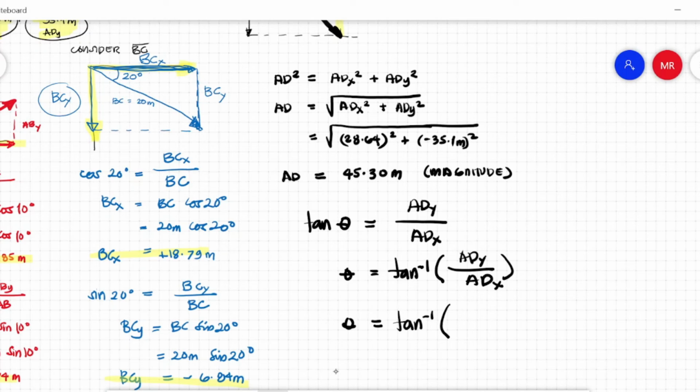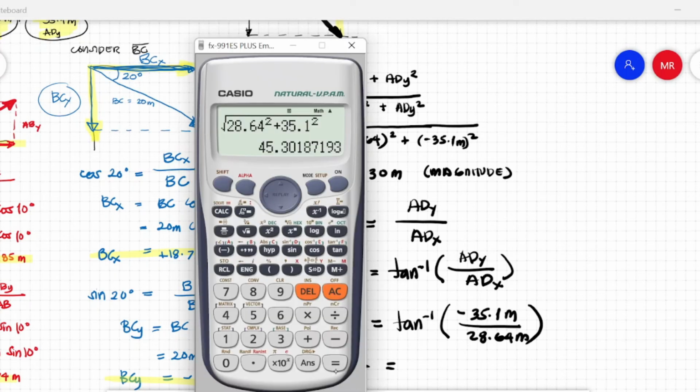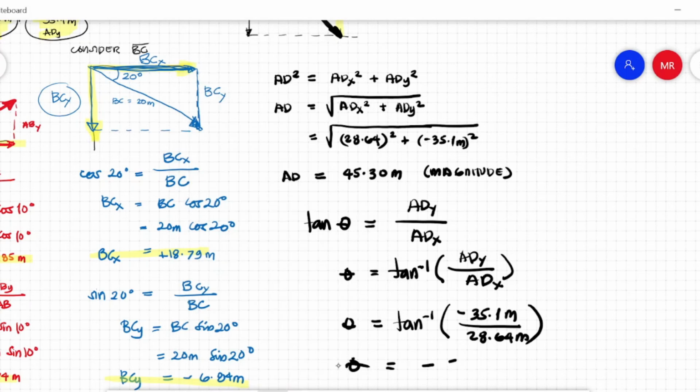Solving for the direction, theta is equal to arctangent of ADY, negative 35.1 meters, all over 28.64 meters. So let's see what is the value of angle theta. Arctan of negative 35.1 over 28.64. The angle is negative 50.79.